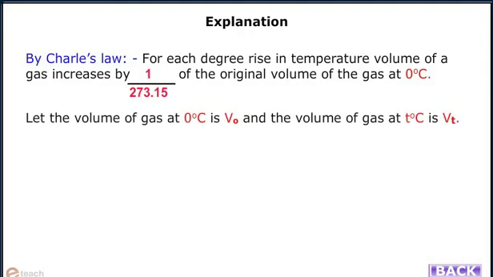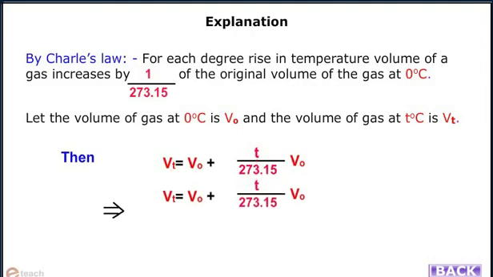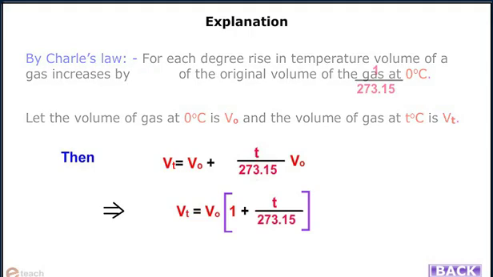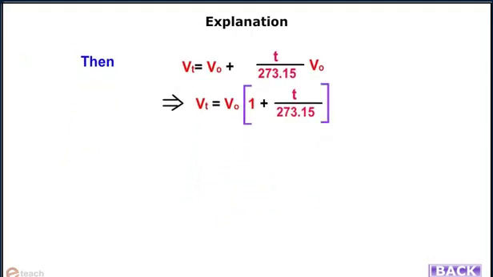Let the volume of gas at 0 degrees Celsius be V0 and the volume of gas at t degrees Celsius be Vt. Then Vt equals V0 plus t by 273.15 V0. This implies that Vt equals V0 into 1 plus t by 273.15.